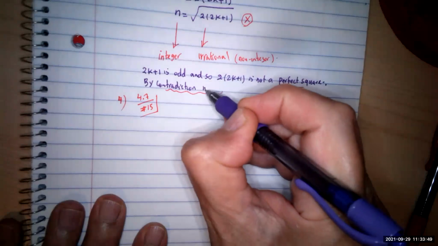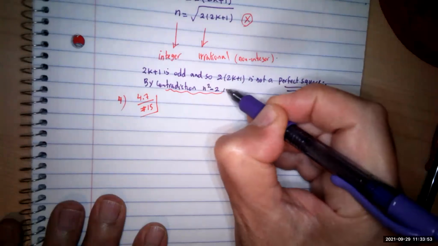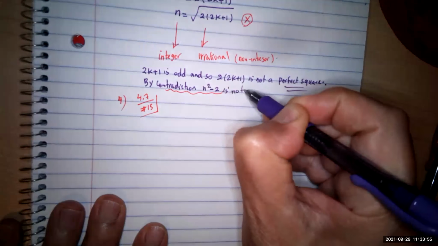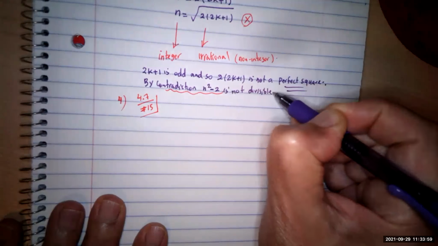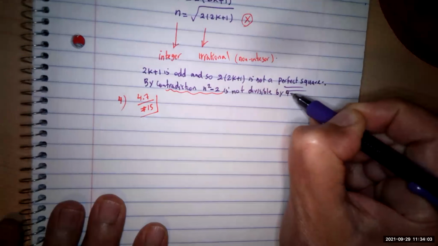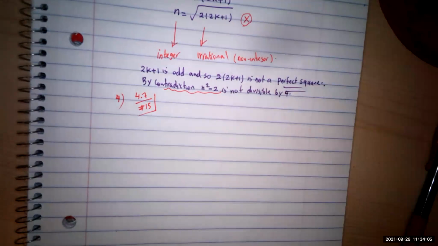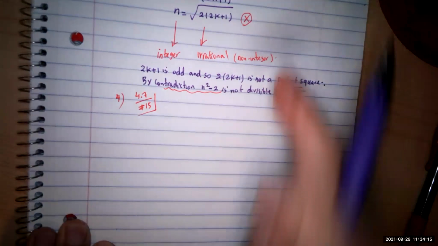N squared minus 2 is not going to be divisible by 4. So not divisible by 4, and that's the difficulty that we're going to have. Any question?